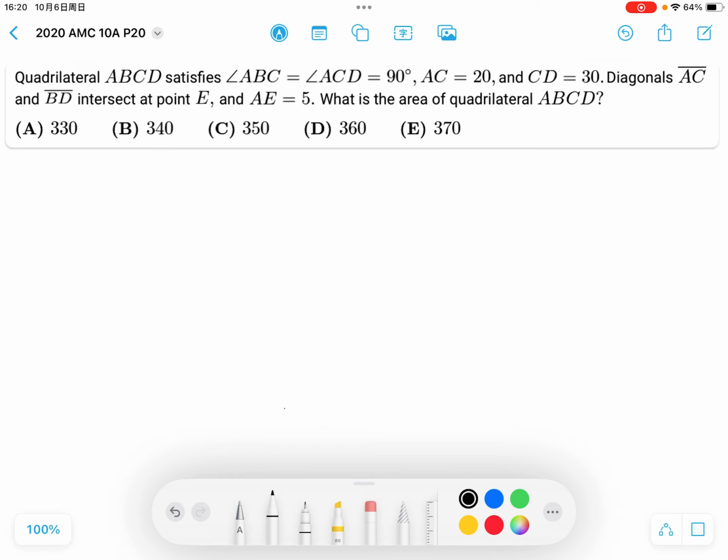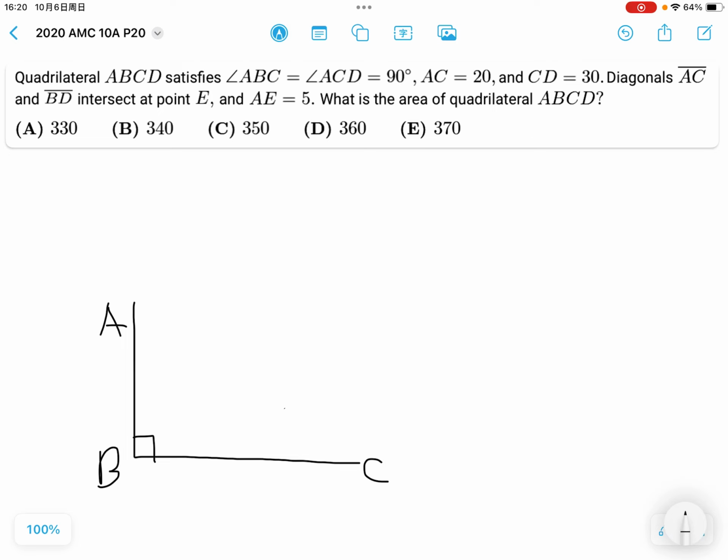Okay, so quadrilateral ABCD satisfies the right angles. So let's draw the right angles first. Let's draw ABC. Let's just say this is B. So A, B, C. And then we know that ACD is 90, so we connect AC, and we want to draw ACD as 90.